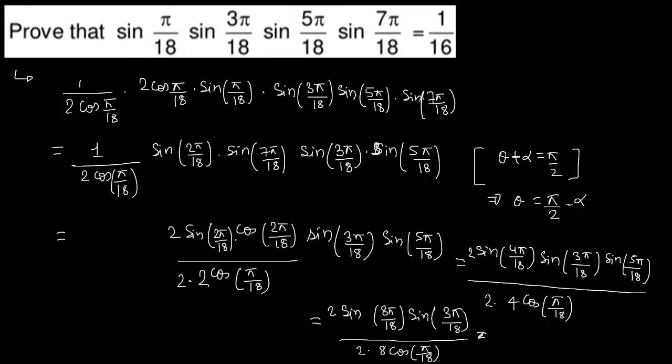This is cos cancel. We are simply getting sin 3 pi by 18 upon 8. Okay, everyone, your homework is to check where I have done some mistake. I have done some mistake somewhere.